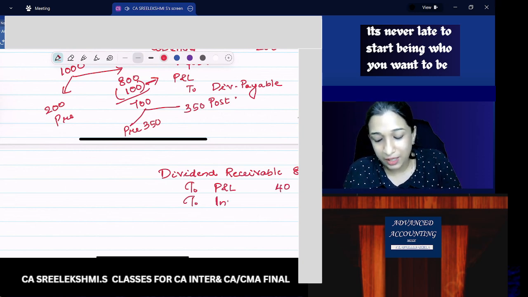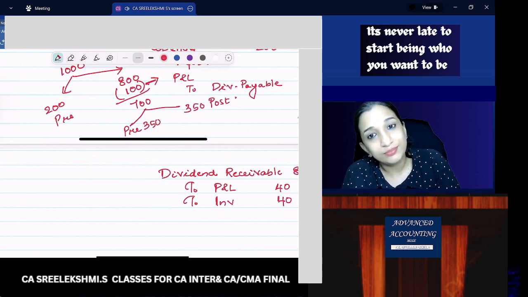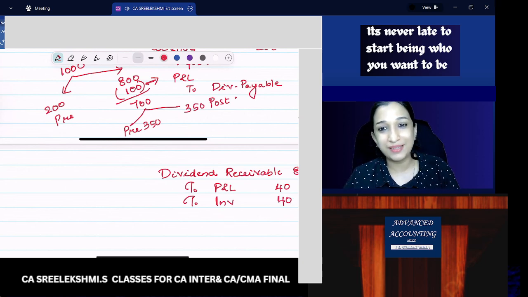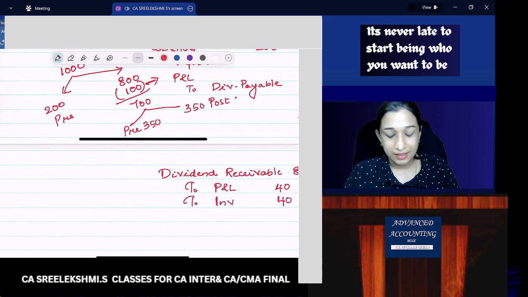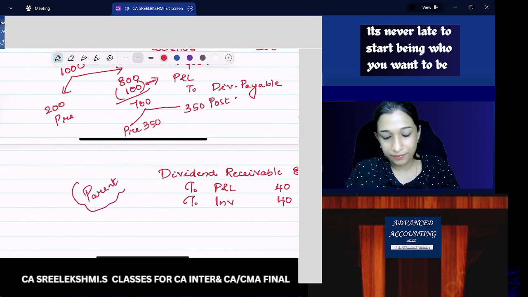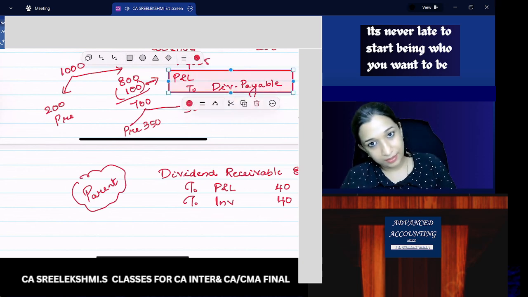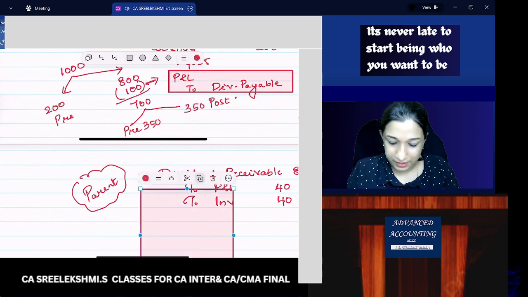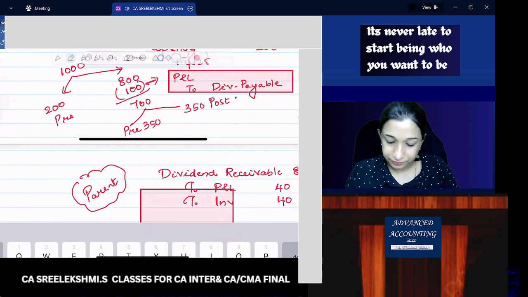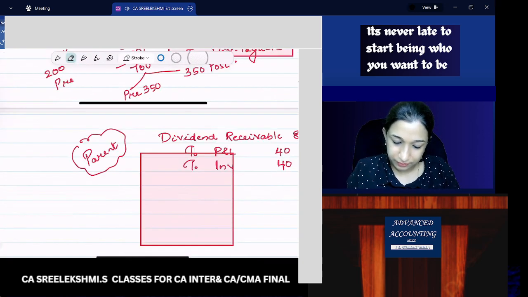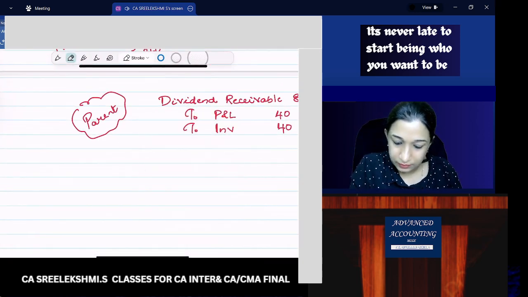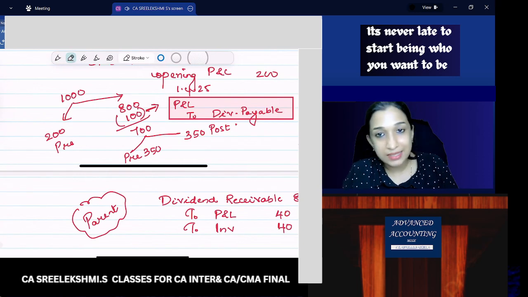And the balance, pre-acquisition in nature, should be credited to investment. This is the parent company's accounting. The subsidiary's P&L should be debited. So this is the parent and this is the subsidiary.